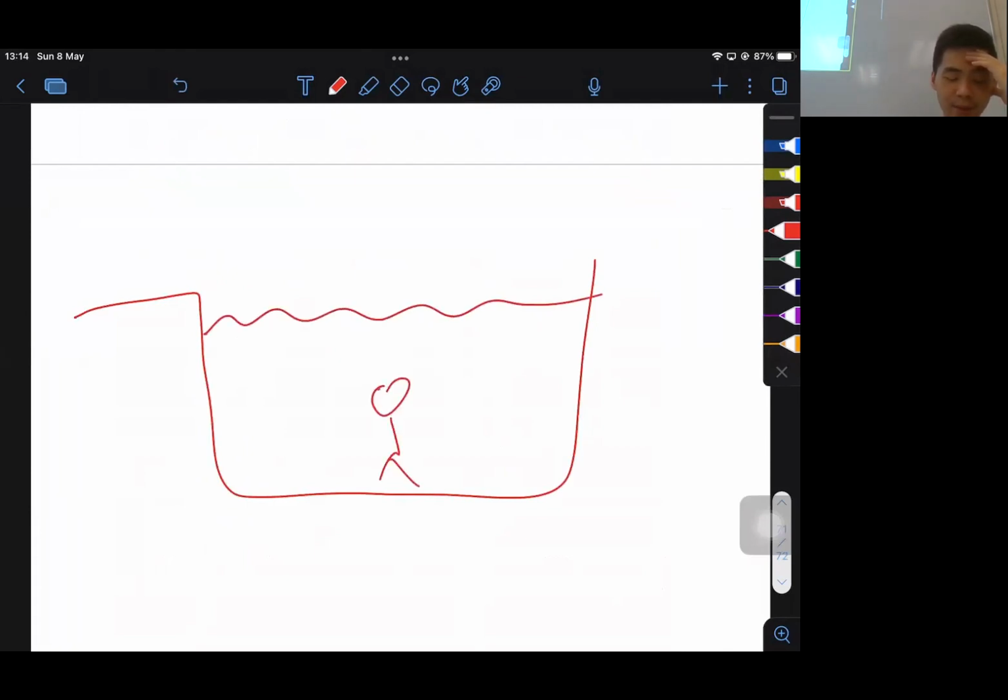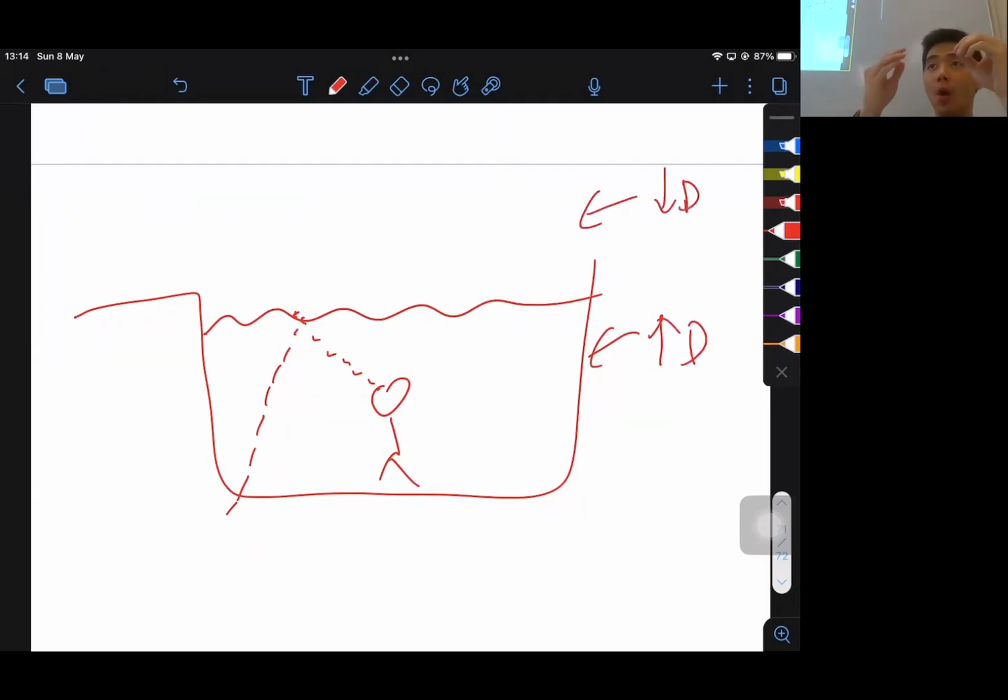Sometimes when you look up from the water, you can see the tiles on the ground. That is known as total internal reflection, because here is more dense and here is the air, which is less dense. When the light is traveling from more dense to less dense, it is total internal reflection, just like an optical fiber. Inside the fiber is glass, which is more dense. The light is coming out to the air, which is less dense, but it cannot come out, so it's total internal reflection.